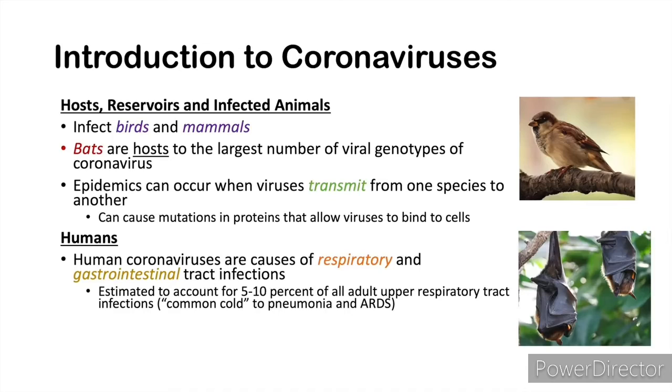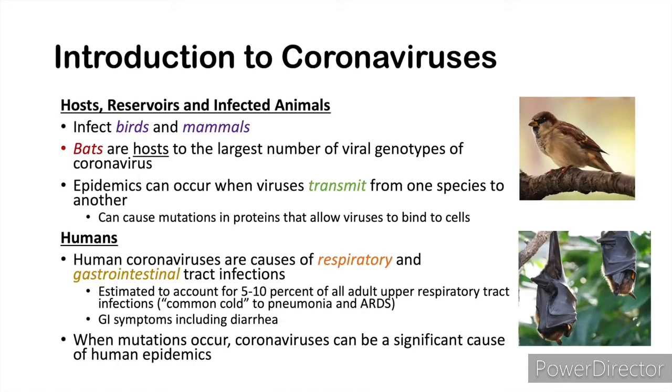So there are several coronaviruses that humans are infected with more often, and then there are other ones that cause more significant illnesses and infections. And some coronaviruses can even cause GI or gastrointestinal tract infections, and common symptoms of gastrointestinal tract infections with coronaviruses include diarrhea. And when mutations occur, coronaviruses can be significant causes of human epidemics.